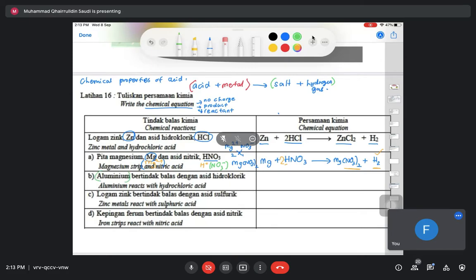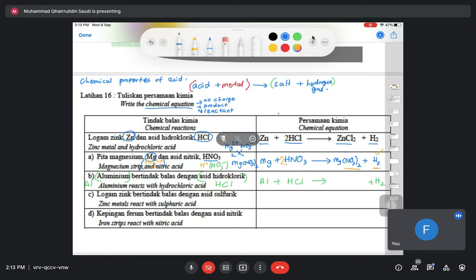Aluminium reacts with hydrochloric acid. So hydrochloric acid HCl, aluminium Al. Just write down the reactant Al plus HCl. And then the product will be salt and hydrogen gas. You just have to figure out the salt punya formula.